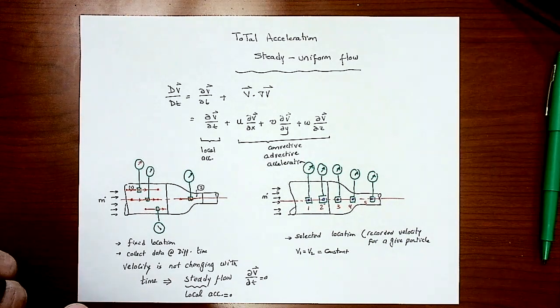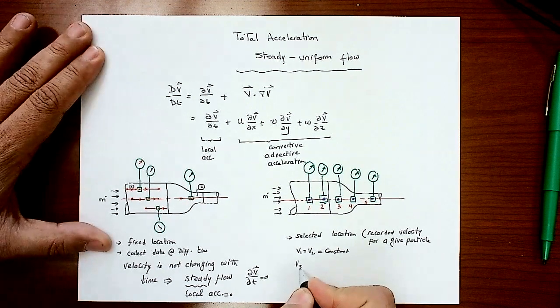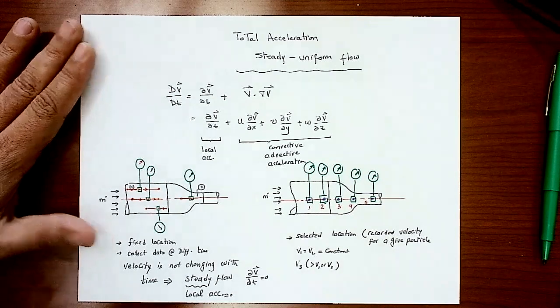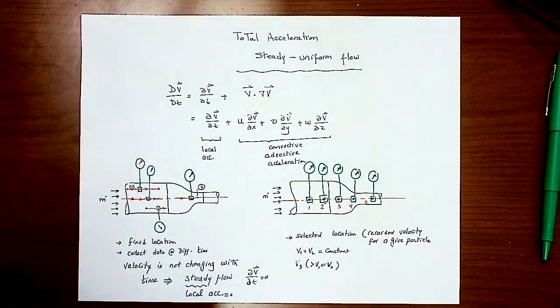Then when I move to position 3, the cross section of the pipe starts to shrink a little bit. So I'm expecting the velocity of the same particle at position 3 will start to increase a little bit. So V3 will be larger in magnitude than V1 or V2, right? So now velocity changed from position 1, 2 to position 3.